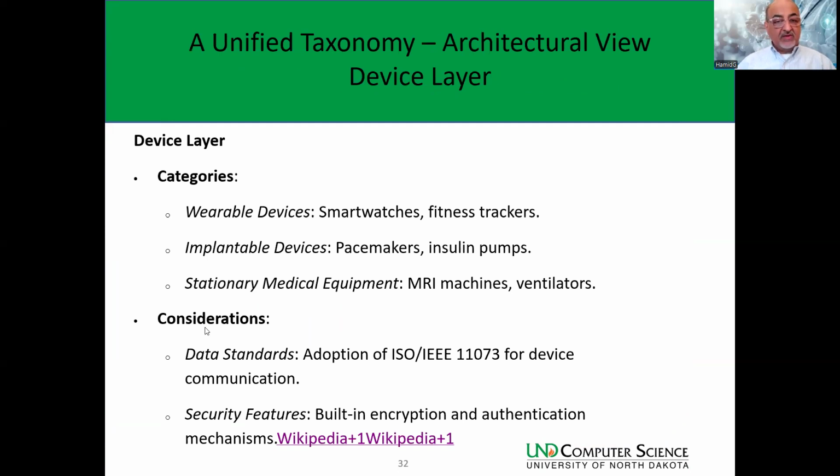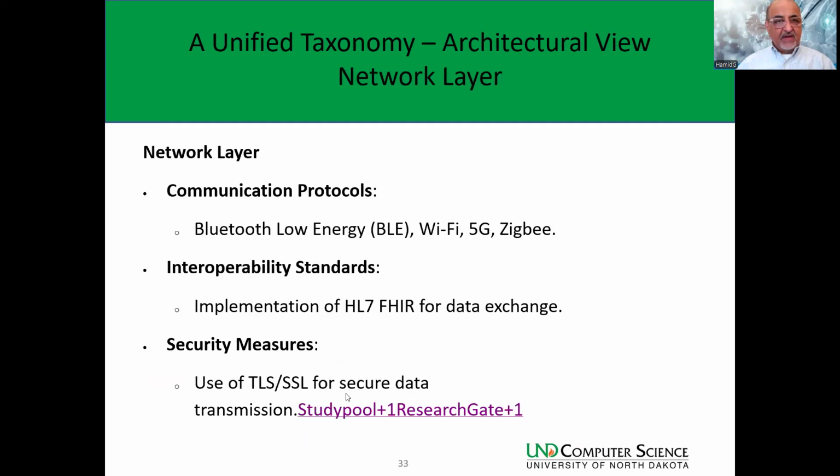And then what are the considerations: the data standards that you have to use, and security measures. At the network layer, you're talking about communication protocols, which protocol to be used, the standards that some devices use. Can you use one or a combination of these? Interoperability standards and the security measures.